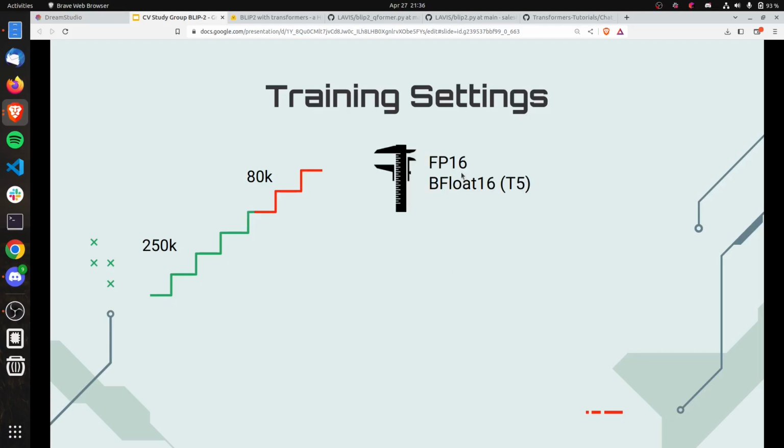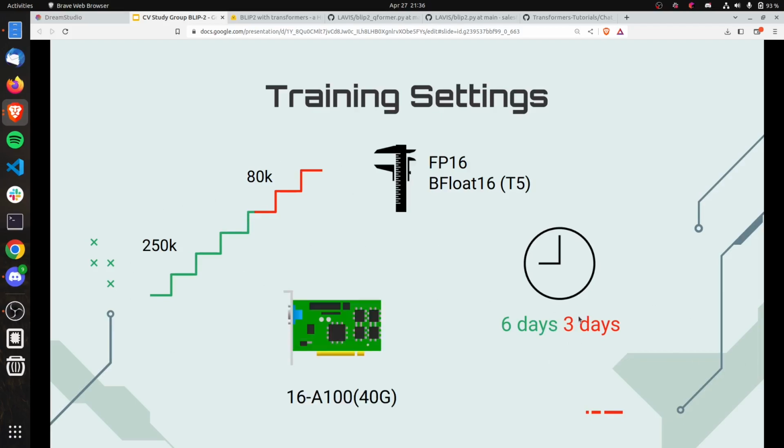And they're using floating point 16 precision, and for the T5 family, bfloat16. They're training for 6 days in the first part, and then 3 days in the second part. And they're using a cluster of 16 A100 40 gigabyte GPUs, which actually is not that many, right?